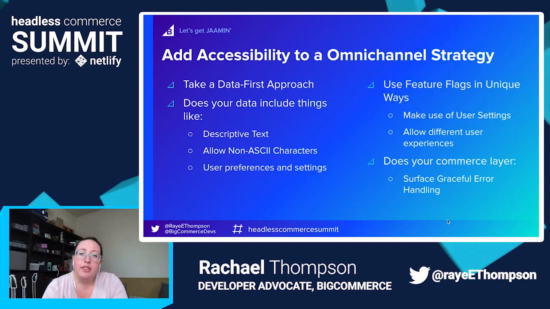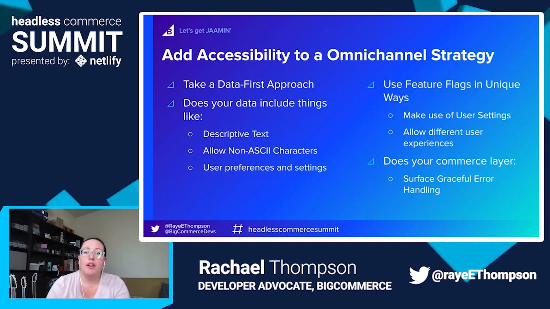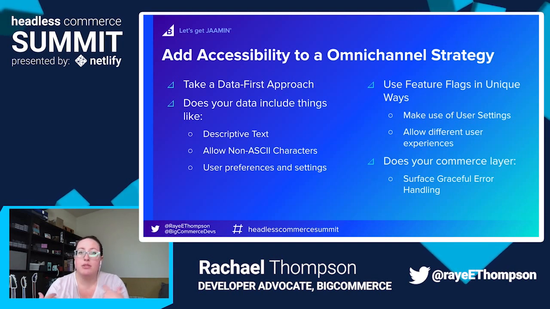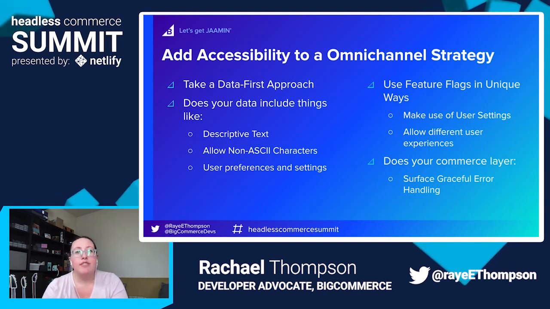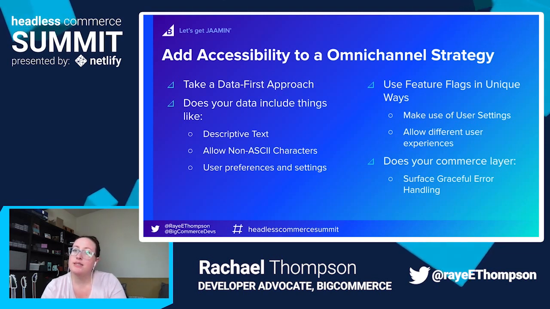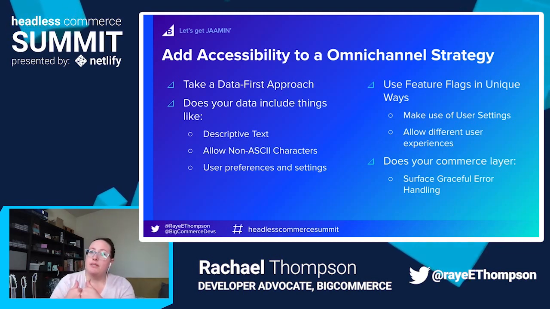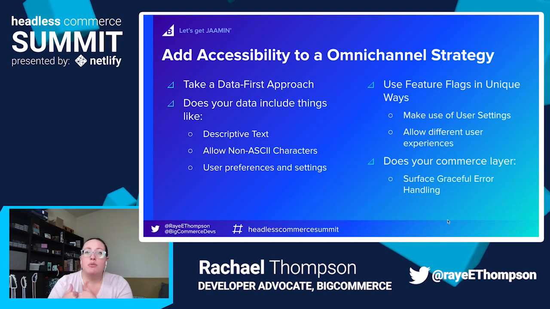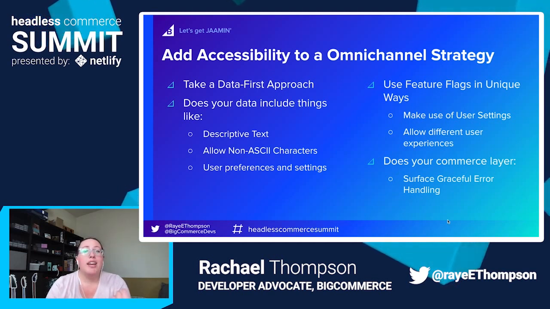As well, think of this as like just generally allowing for experiences that could be optimized to a person's needs. Feature flags don't have to be just for what you're prepared to release and what you're not prepared to release. These could really be utilized in a variety of ways to create a more accessible web.